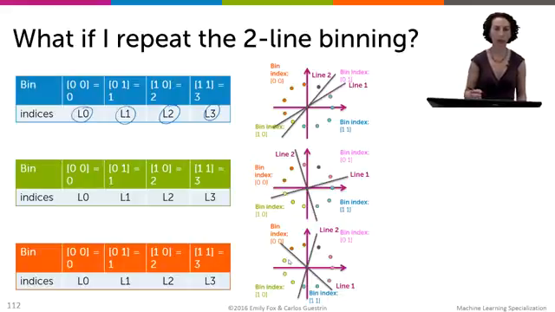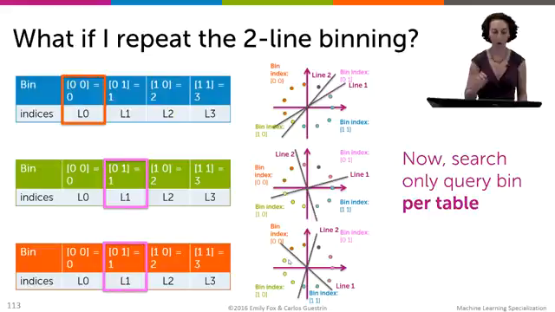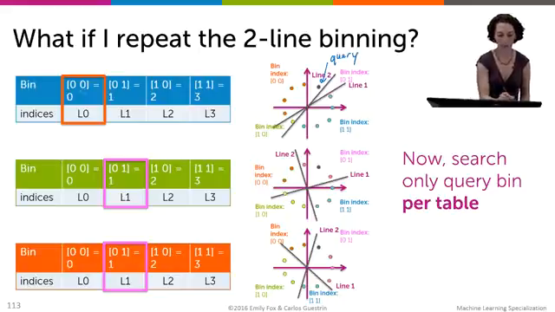And so what we've done is we've ended up with 3 different hash tables if we repeat this process 3 times. And now let's make an assumption that we're only going to search the bin in which our query point falls. So in particular, here's our query point, and for this first case, we know that it has bin index 0, 0, so we're going to search this bin 0.